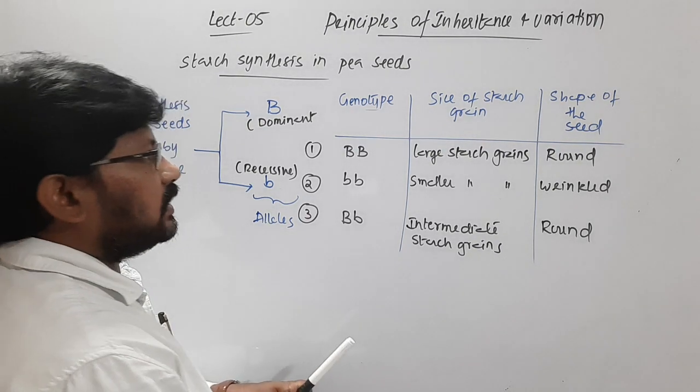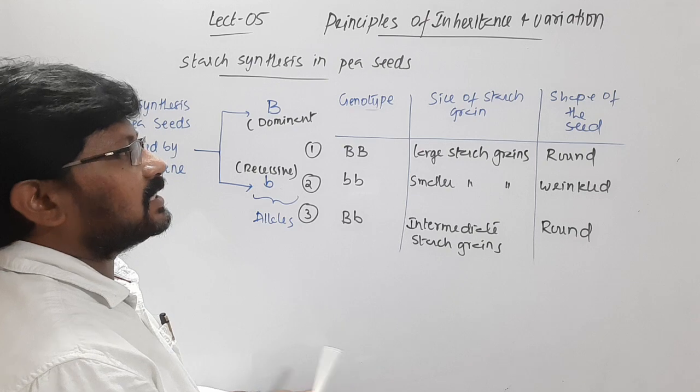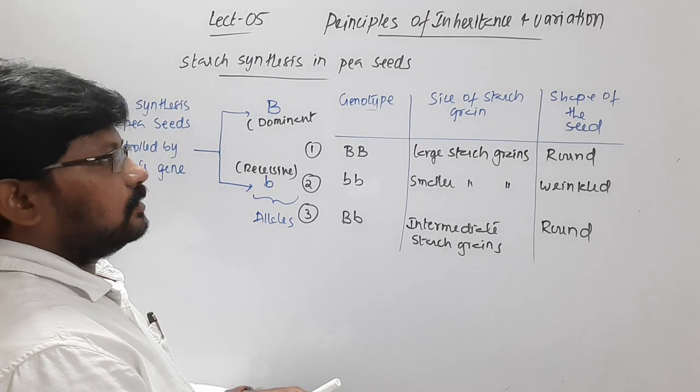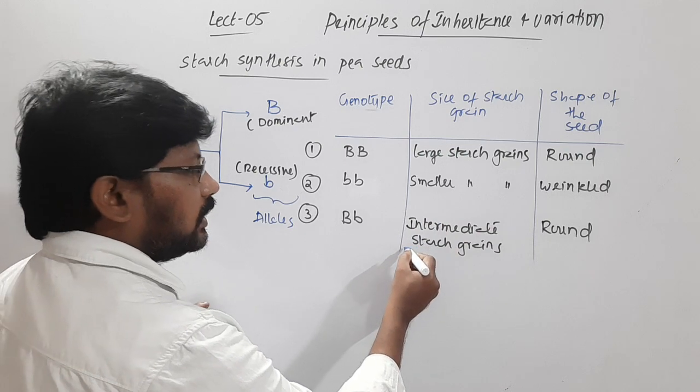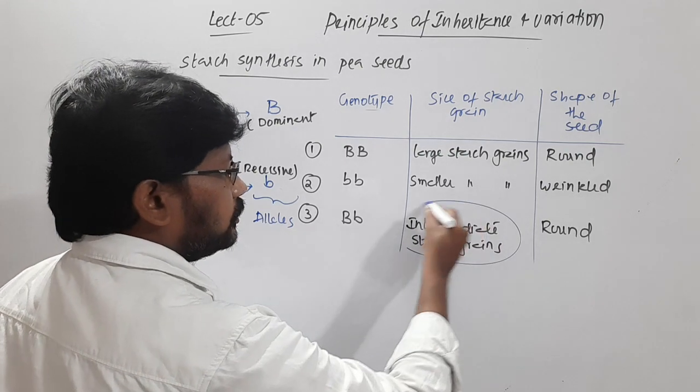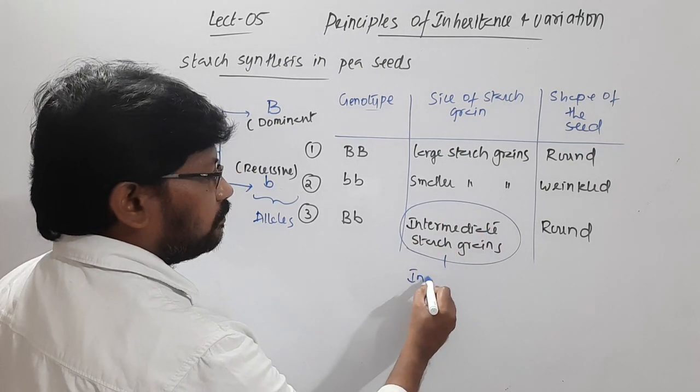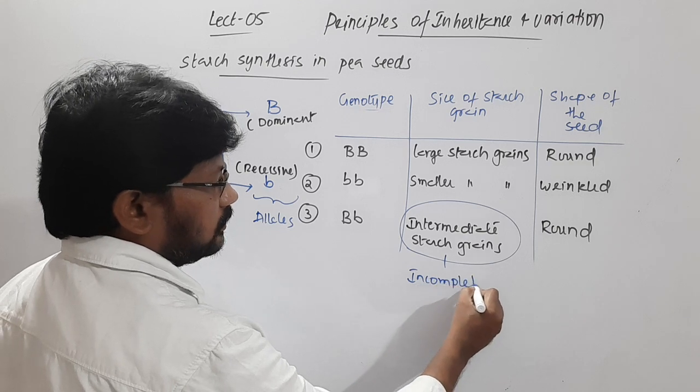So when we see from the point of starch grain size, this one is showing incomplete dominance.